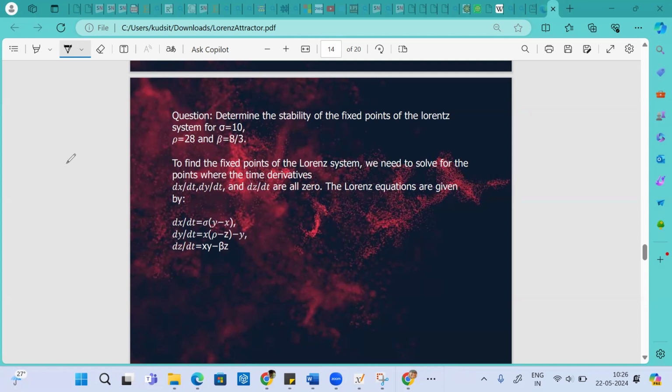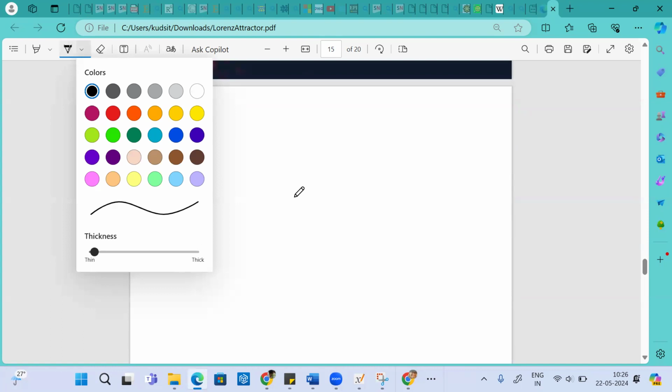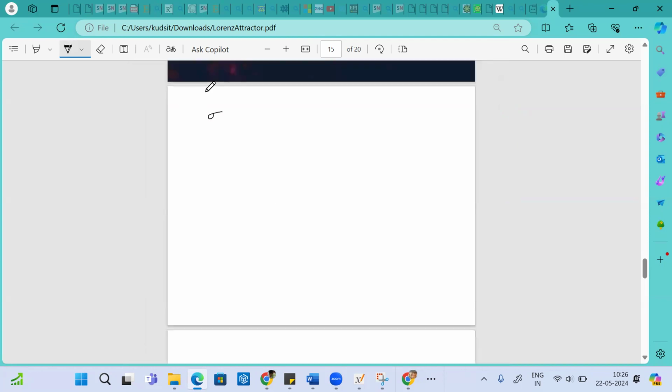We have to set the derivatives to 0. So we have to equate the derivatives to 0.